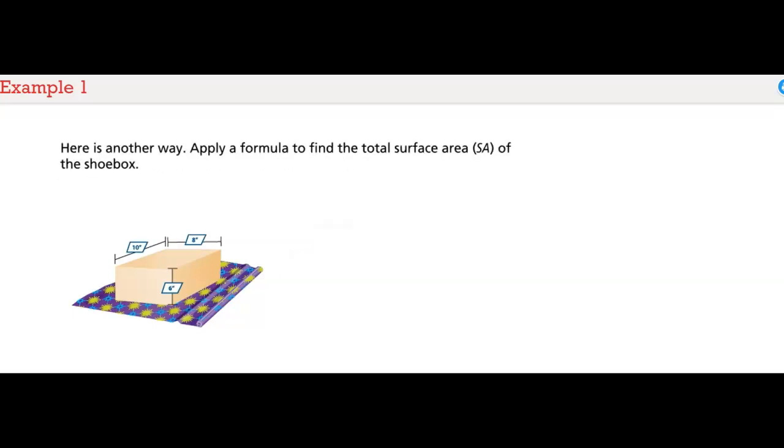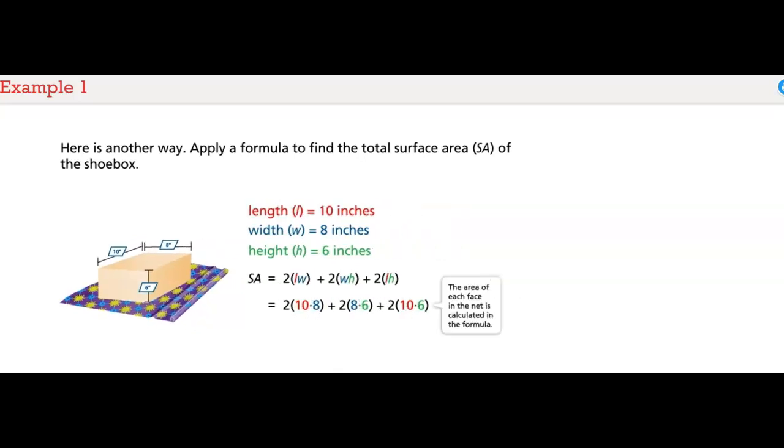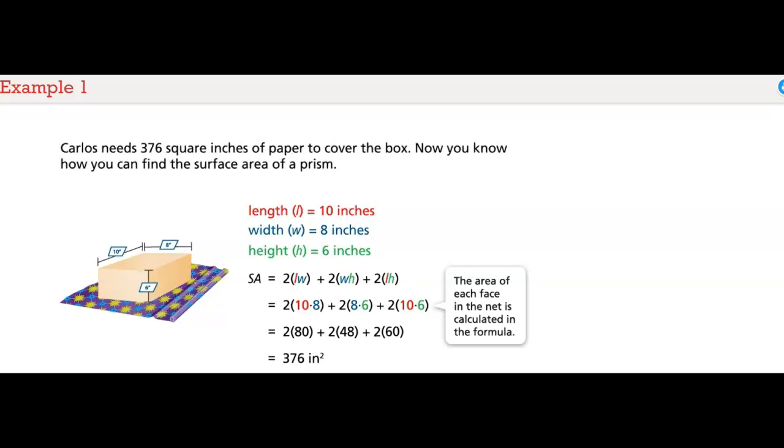Here is another way. Apply a formula to find the total surface area, SA, of the shoebox. The area of each face in the net is calculated in the formula. Carlos needs 376 square inches of paper to cover the box.